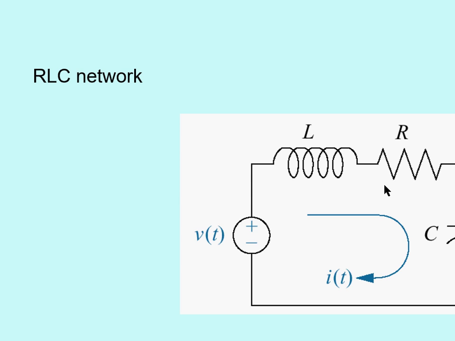Just to reiterate, when you do a bond graph model of this, we put the 1 junction for the current, then we attach the elements to that current, and this is the I element, and this is the source of effort. This is the bond graph model, what you see in red, the model of this particular circuit.